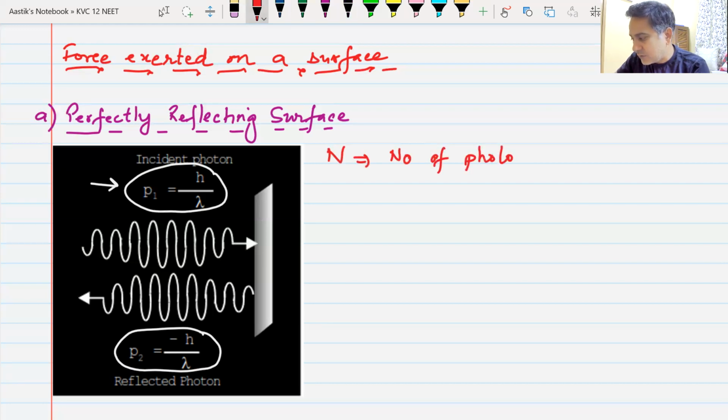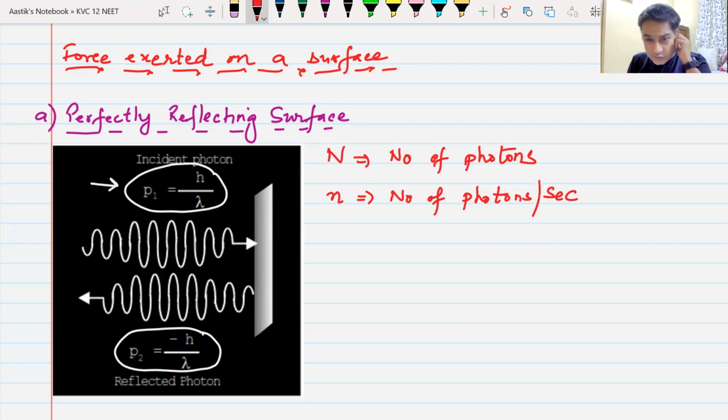Capital N is the number of photons falling, or sometimes they will give you small n, the number of photons falling per second. The question can be given in terms of either.